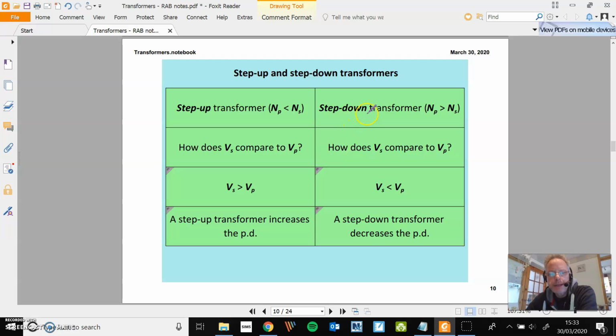Whereas a step-down transformer, where there's more turns on the primary, does the opposite job. This means that the output, the secondary potential difference, is smaller than the input potential difference. So a step-down transformer decreases the potential difference. Okay, and all of the transformers that you'll ever meet will either be step-up or step-down, and we use them for different reasons, and we'll have a talk about those in probably the next video.